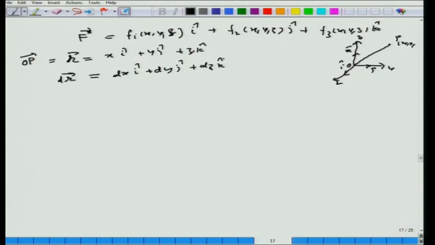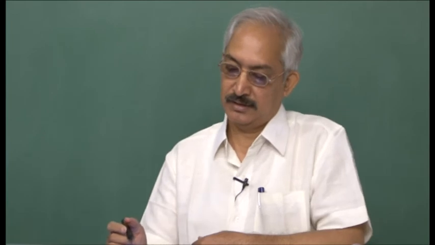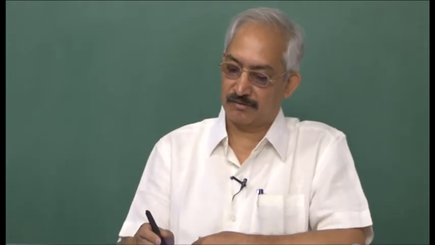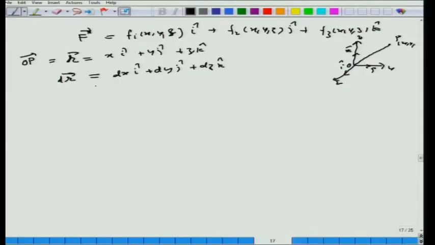Now, if x, y, z are parameterized by parameter t along, so that the point (x, y, z) is lying on a curve, then this r will be a function of t, and so we can have dr over dt will be dx over dt i plus dy over dt j plus dz over dt k.